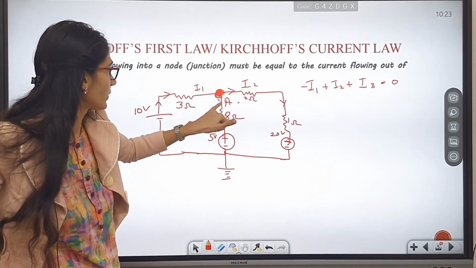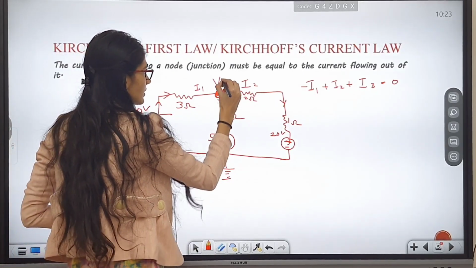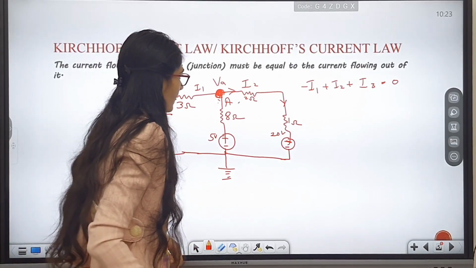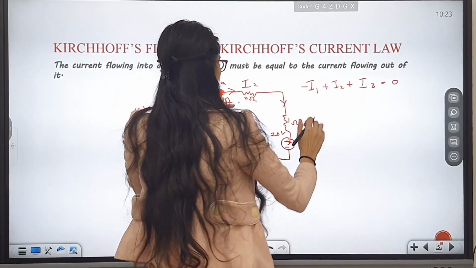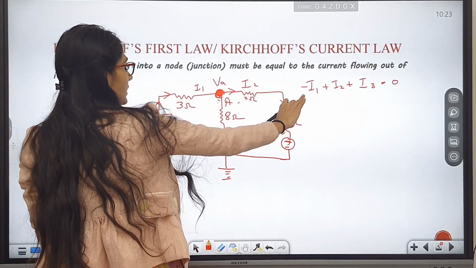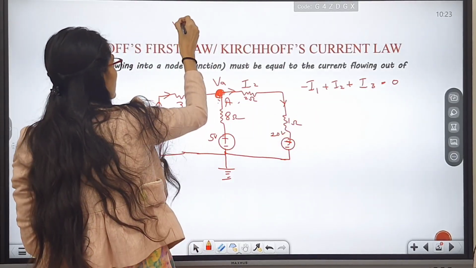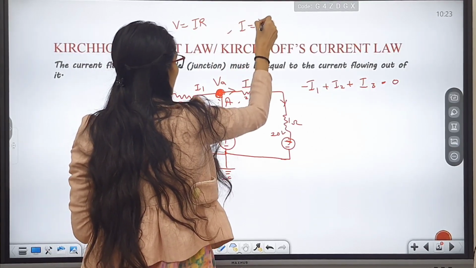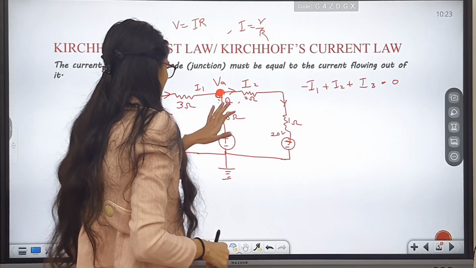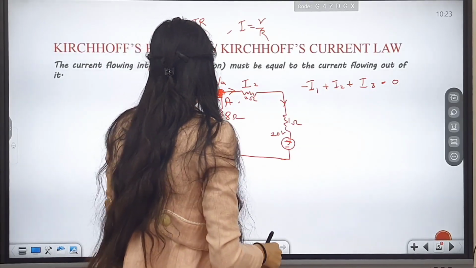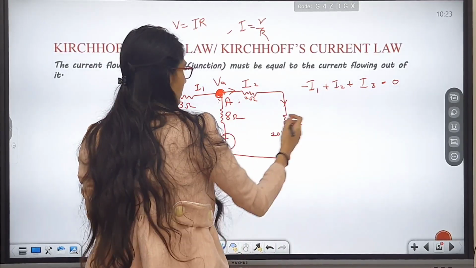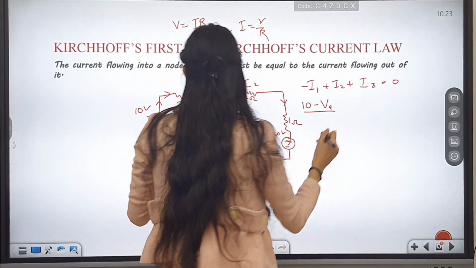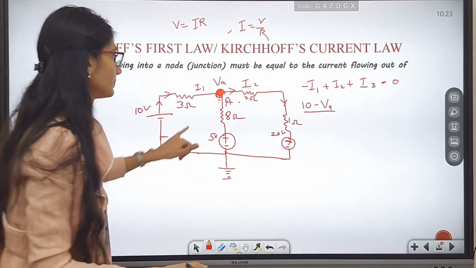We will just start with V. Suppose here it is the voltage VA. So I1: V is equal to IR, so I is equal to V upon R. This is VA and this is the 10 volt. So higher minus lower: 10 minus VA upon, what is the resistance here? It's 3 ohm.